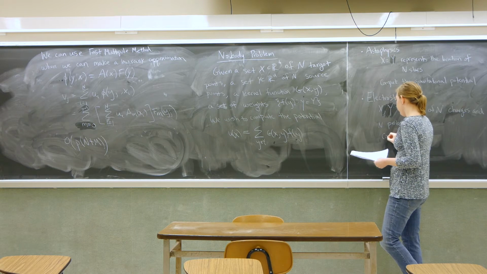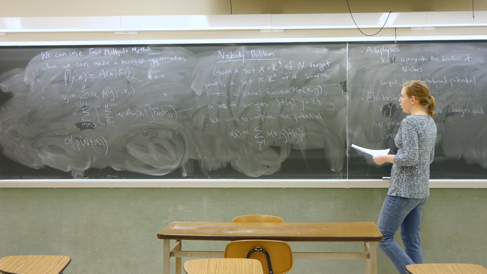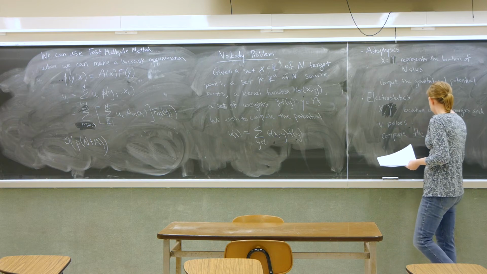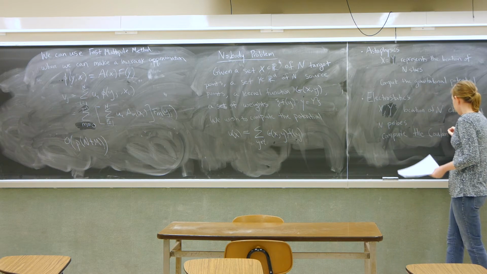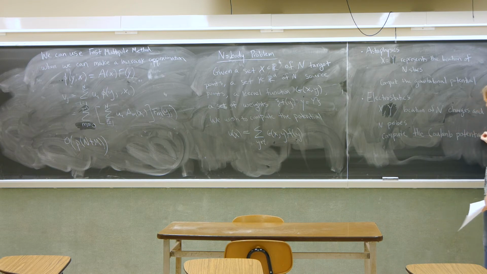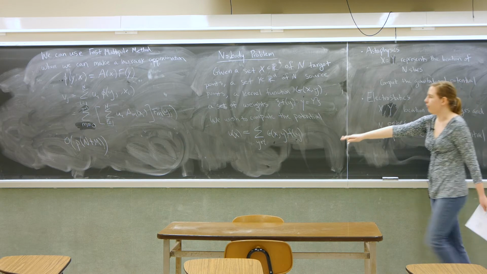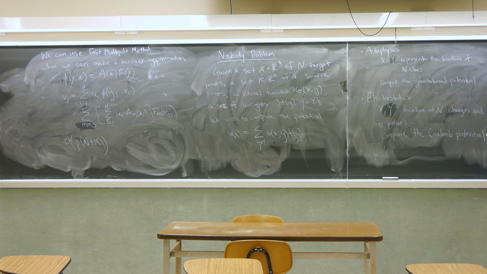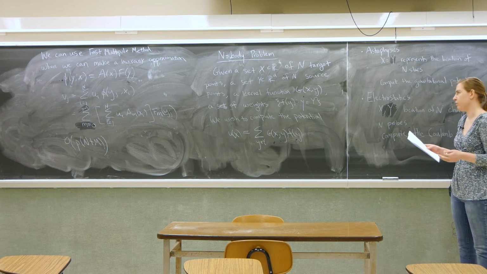And we compute the Coulomb potential. Each of these has a specific kernel function, G. And this example, the Coulomb potential, is the one that I thought we could work through and see how we apply the Fast Multipole method.